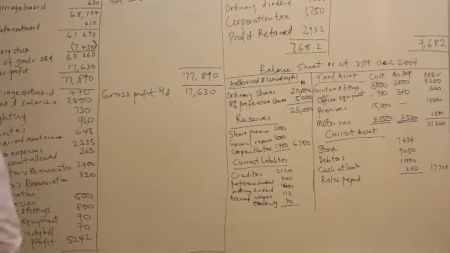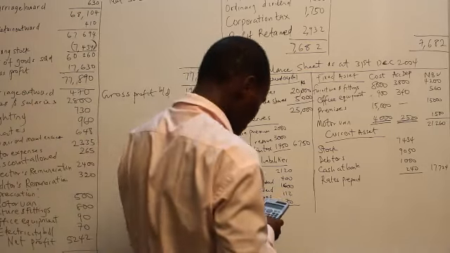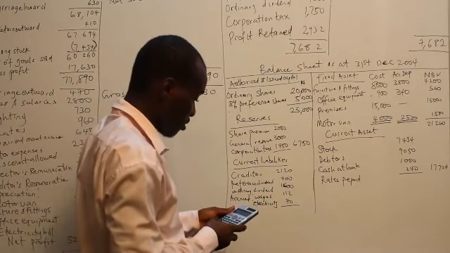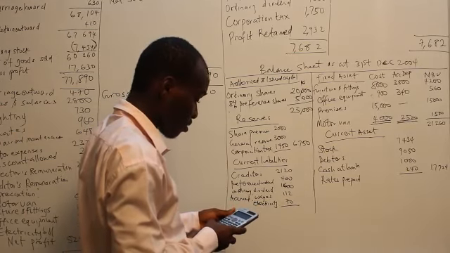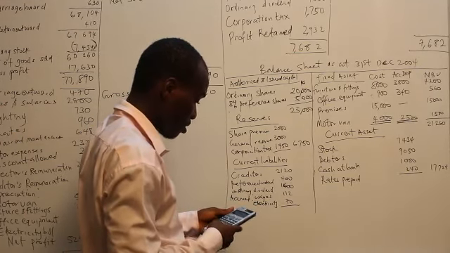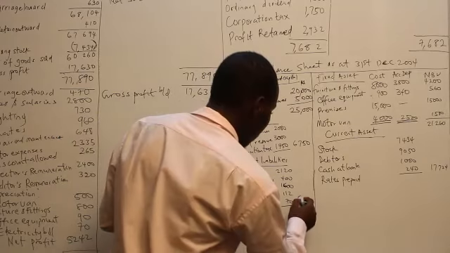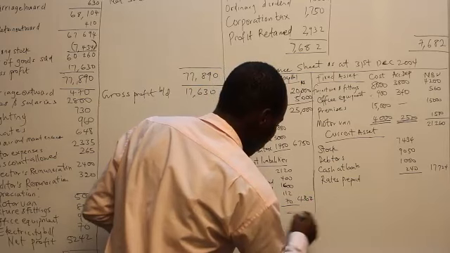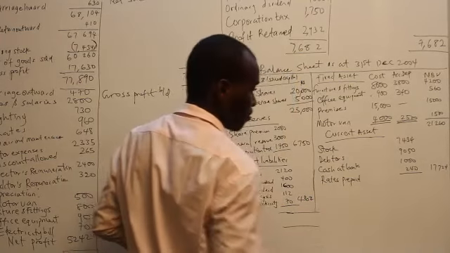Let's have a balance account now. So we have 2120 plus 400 plus 1,600 plus 112 plus 70. So we have 4,302. So we can have a balance account.